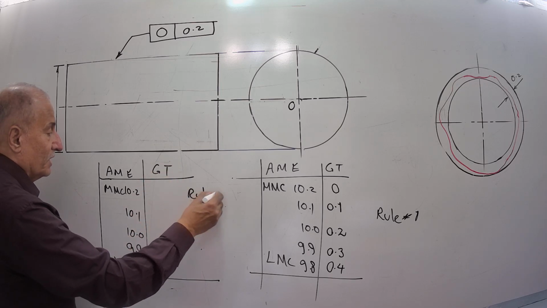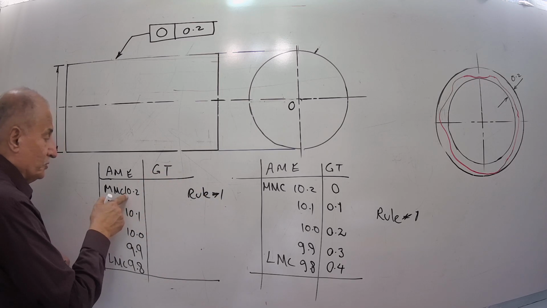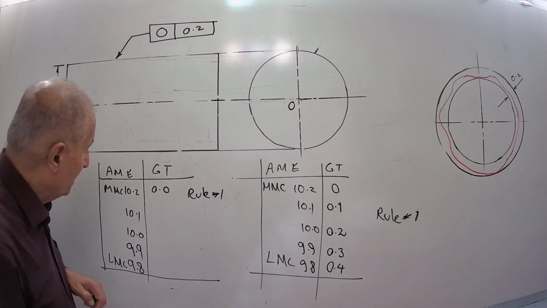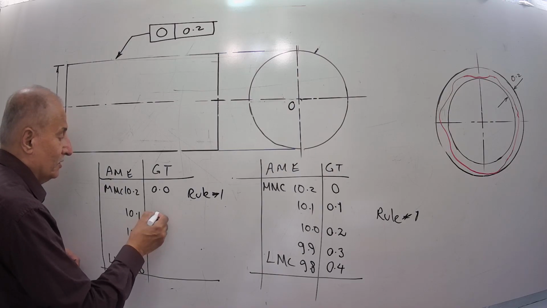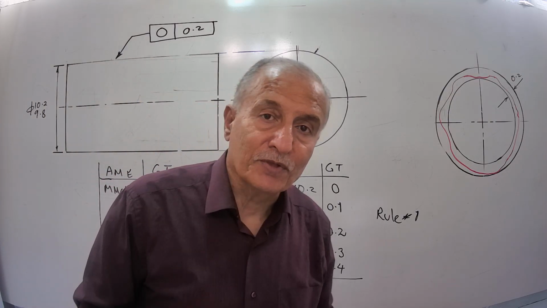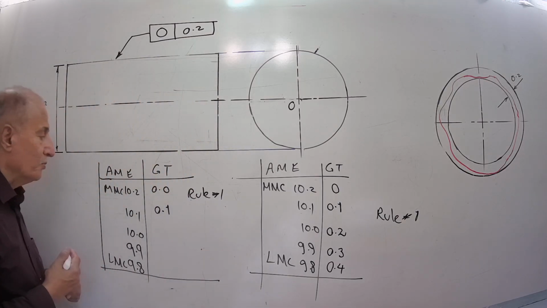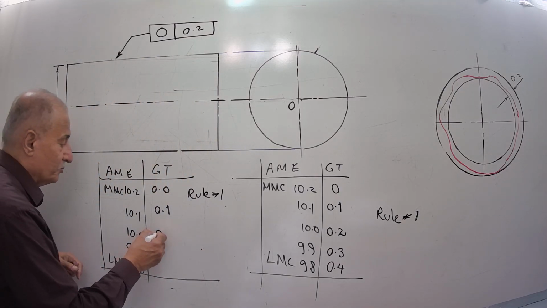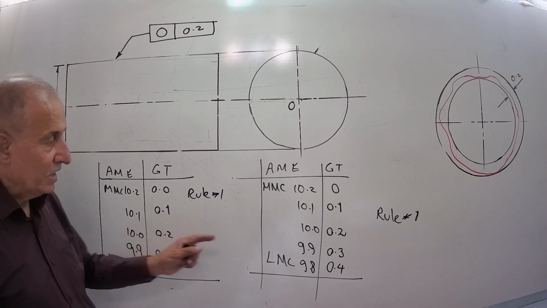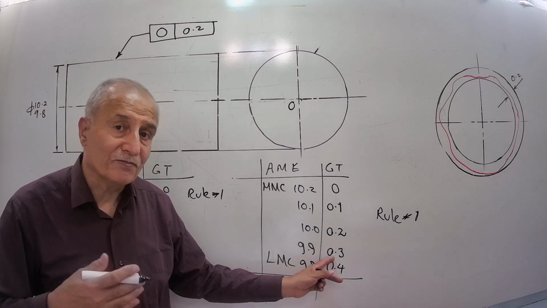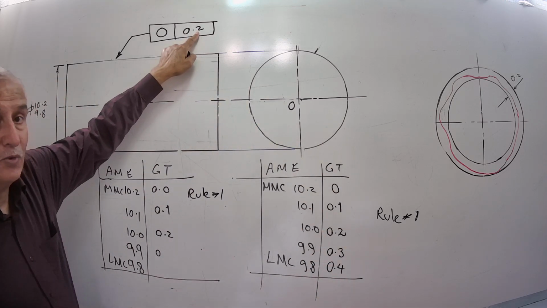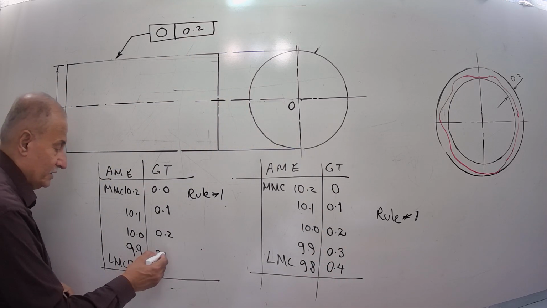Rule number 1 says if you produce at MMC, no geometric tolerance, 0 error. If you produce 10.1, okay, you have 0.1 deviated, or departure from 10.2. Here is 0.2 departure, here is 0.3 departure. But if it was only rule number 1, you have 0.3 space for your error. But here it says don't go more than 0.2. Here is also 0.2.